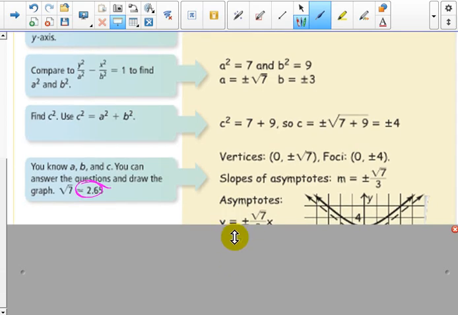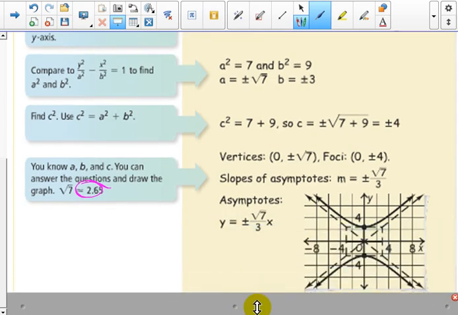All right, so now you would graph all these things. All right, so you're going to plot your 4 and your 4 units away from the origin for your foci. I'm sorry, 4 is up here.